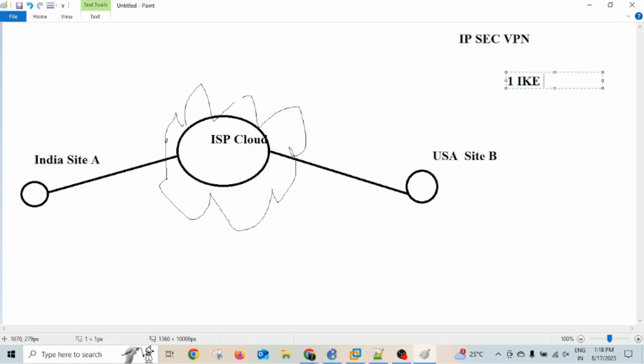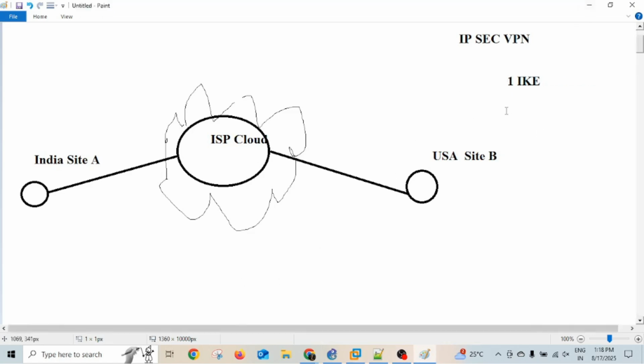If we talk about how our packet data is secured over the internet, IPsec provides confidentiality, integrity, authentication, and anti-replay protection.